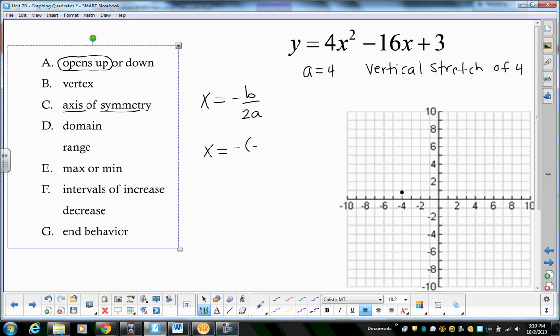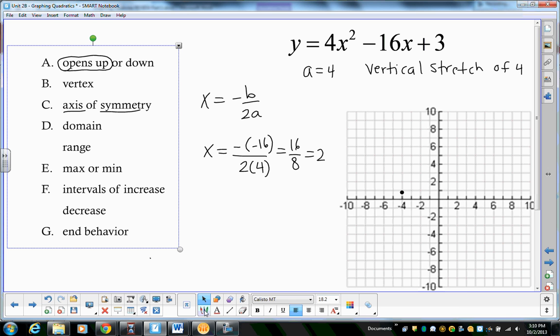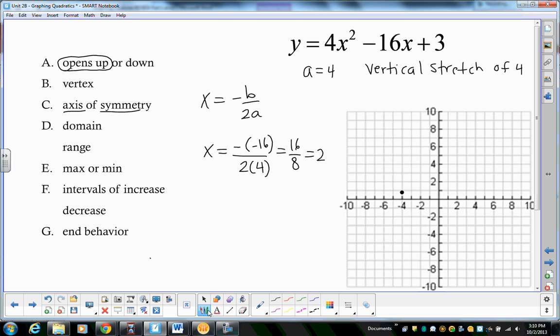Negative negative 16 over 2a, so that gives me 16 over 8, or 2. So therefore, my axis of symmetry, I always give it in terms of x equals.